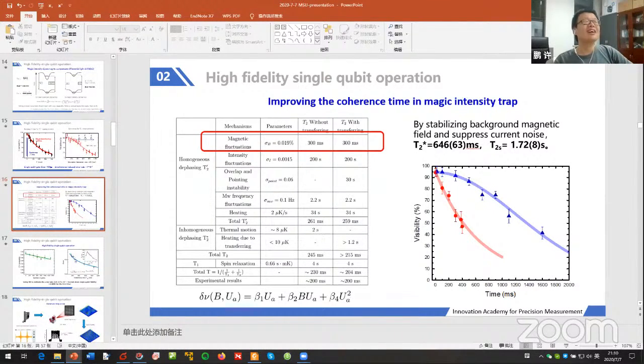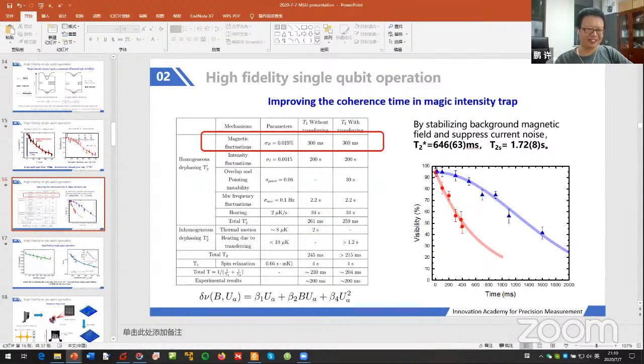The single atom addressing is really a hard task. Yeah, this is a very crucial question.